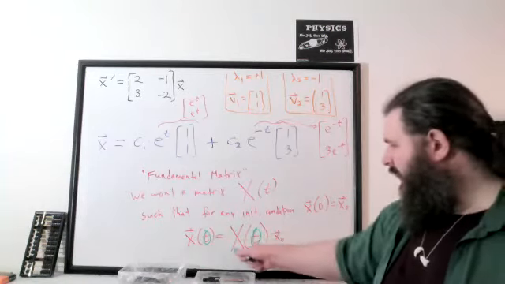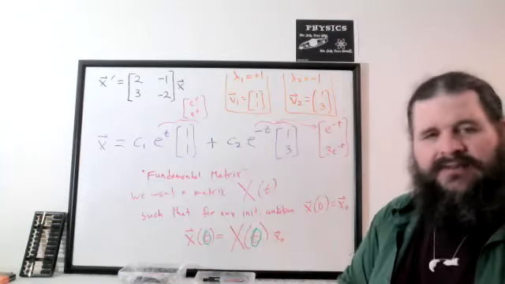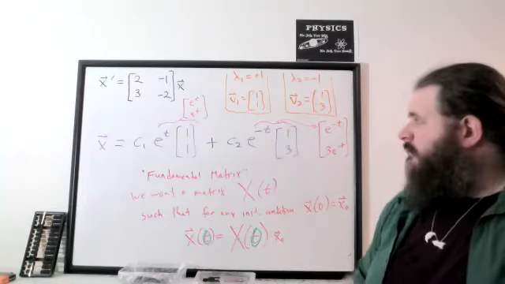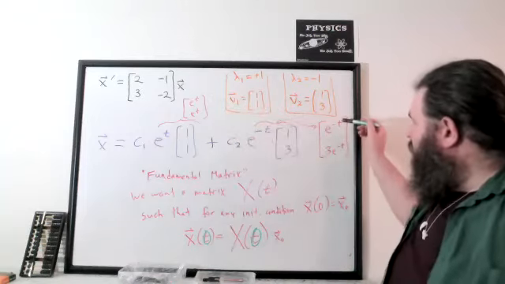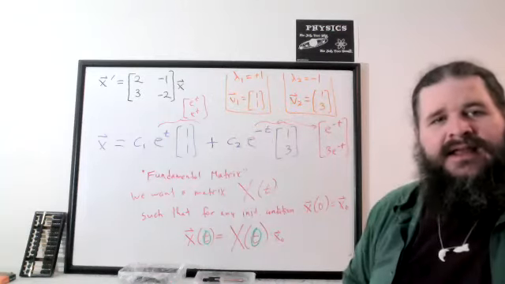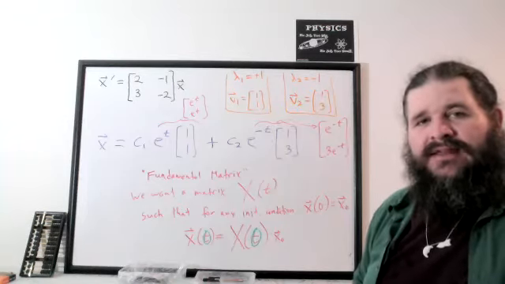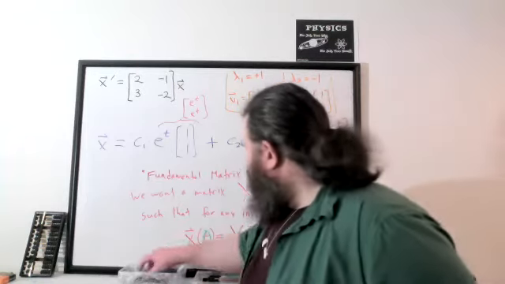So we would like the big X of 0, the fundamental matrix at time 0, to be the identity matrix. So we need to be able to find ways of combining these two vectors, e to the t, e to the t, and e to the negative t, 3e to the negative t, in such a way that if we were to plug in 0 for t, we'd get the identity matrix. So let's try that out.